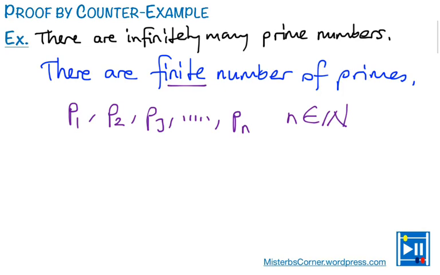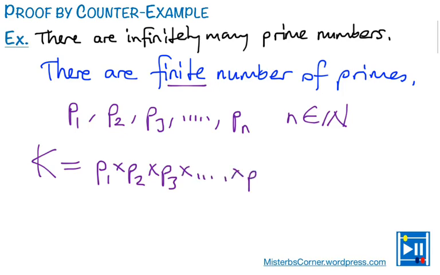Now let's consider a number k written as P1 times P2 times P3 and so on, so it's the product of all primes, plus 1. Now remember that any number which is not prime, which we call composite, can be written as a product of prime numbers.